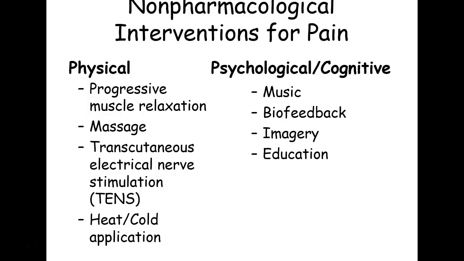And it also helps to loosen up muscles that are tight or cramped up. Heat and cold applications can help to reduce pain. Music, biofeedback, guided imagery, or education can all help the person to deal with pain better, distract them from the pain. That can really be helpful.